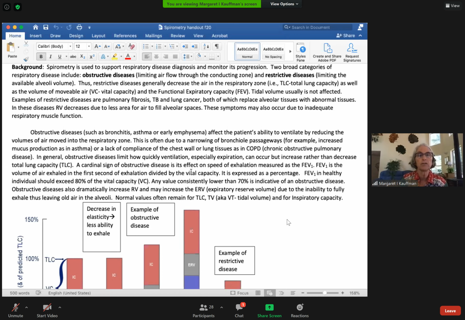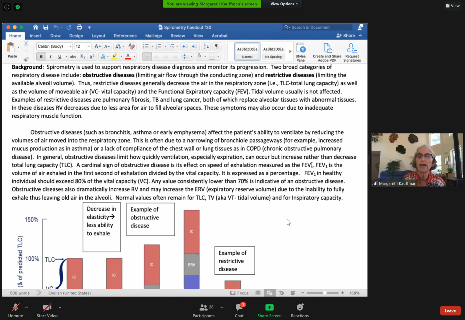The main way you see it is in the speed with which someone can exhale. So just think of trying to force fluid through a narrower opening. You could use accessory muscles, which these people do, to try and force it to go out. But if you look at their forced expiratory volume, it may even be normal, but they're unable to push it out as rapidly because they can't get it through this narrowed opening, if it's something like bronchitis.